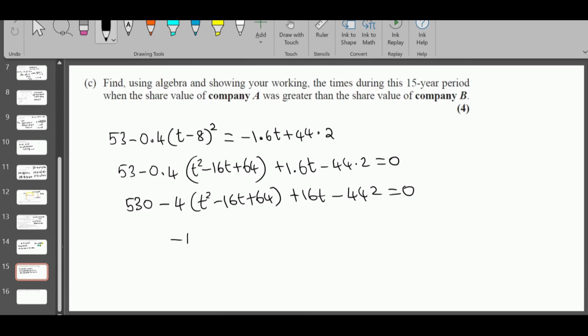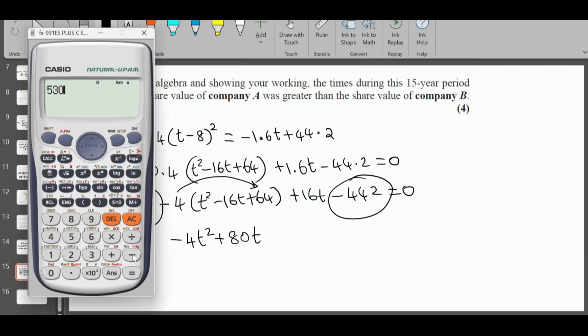Open the bracket: minus 4t squared, negative times negative is positive, 64t, plus 16t. 64 plus 16 is 80t. And then you have 530 minus 442 and minus this.